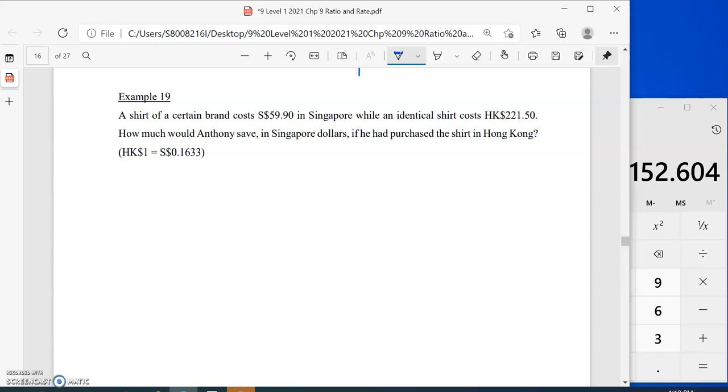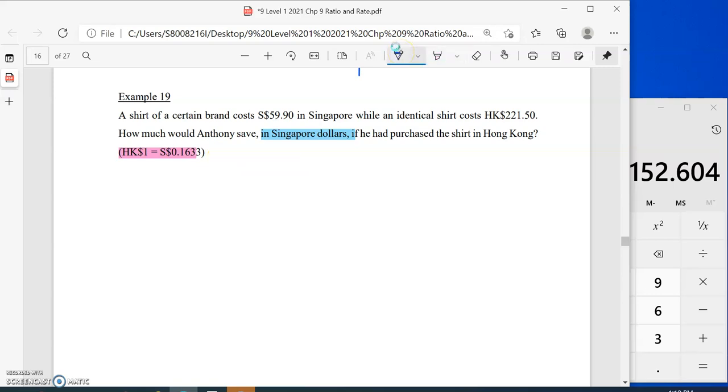So there's a same shirt that's sold in 2 countries, Singapore as well as Hong Kong. We know that there are 2 different pricings due to the exchange rate. There could be some fluctuation or differences in the price of this shirt. Let's check out the difference. Since the question wants me to give my answer in Singapore dollars, let's convert the Hong Kong pricing to Singapore pricing and check out the difference. We know that the exchange rate given to us in this question is 1 Hong Kong dollar to Singapore 0.1633.